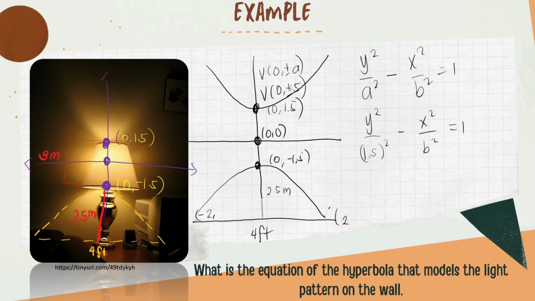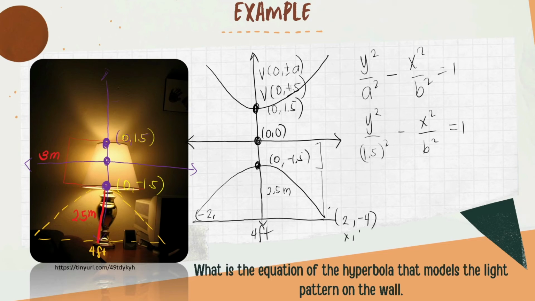The height is 1.5, the vertex, plus 2.5 meters. The length from the origin is 1.5 plus 2.5, that is 4. So, 2 and negative 4.